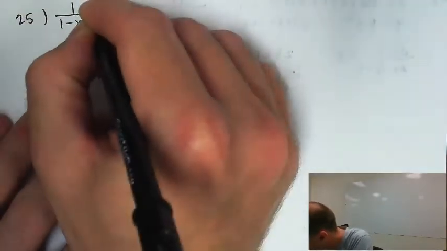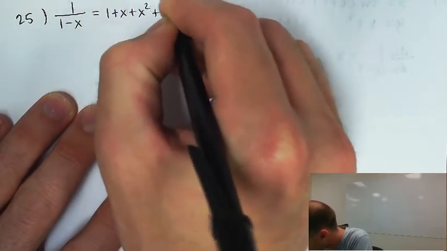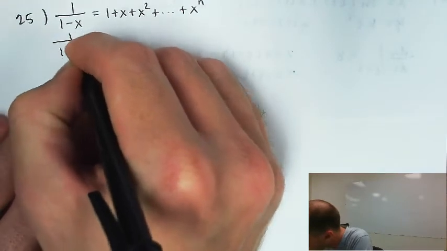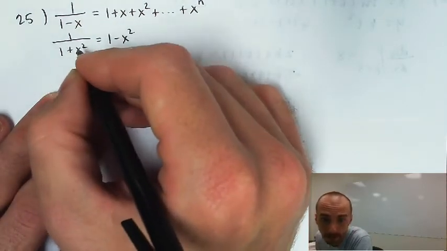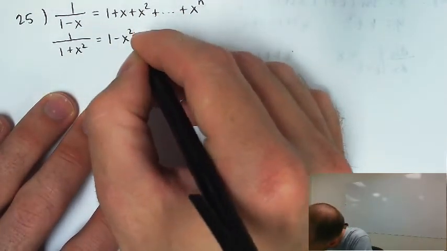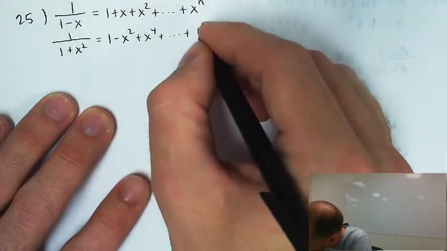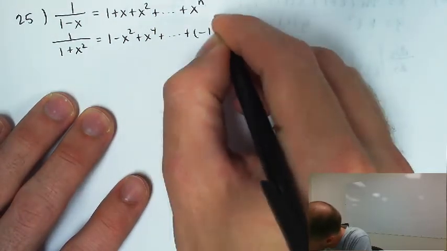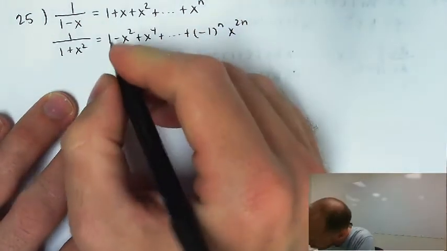1 over 1 minus x equals 1 plus x plus x squared, and so on up to x to the n. 1 over 1 plus x squared is where I replace x with negative x squared, because it would be minus negative x squared. So 1 minus x squared plus x to the 4, and so on, plus negative 1 to the n, x squared to the n, which is x to the 2n.